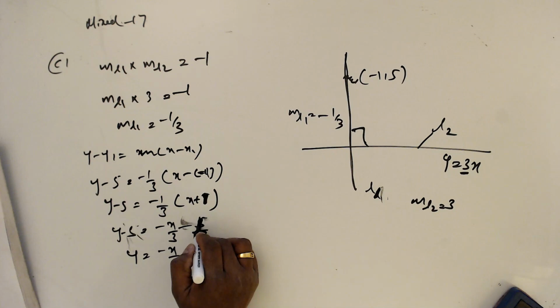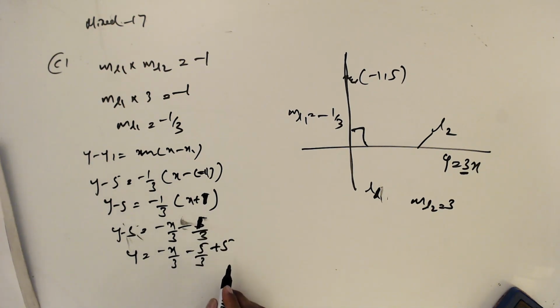So y minus 5 equals minus x over 3 minus 1 over 3. Then y equals minus x over 3 minus 1 over 3 plus 5, and y equals minus x over 3 plus 14 over 3. So this is the equation.